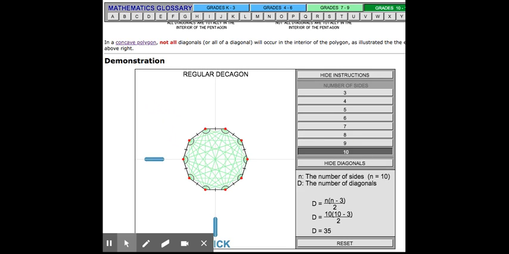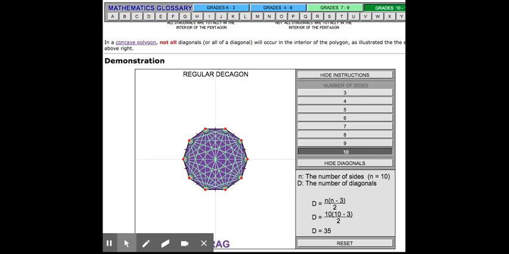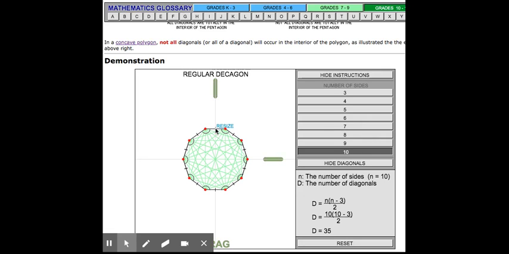Okay, let's take a look at this 10-sided figure. So this is a decagon. And right now we have a regular decagon because all the sides are congruent and all the interior angles are congruent. Once I move one of the sides, notice that I went from a convex decagon to now a concave decagon.